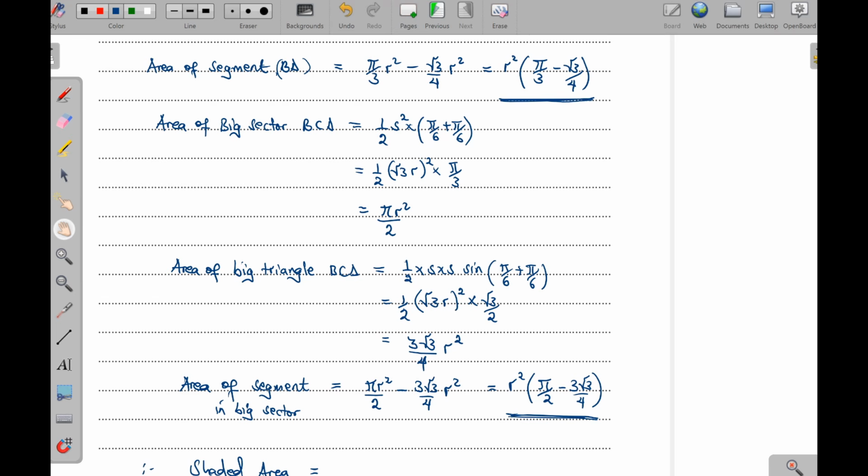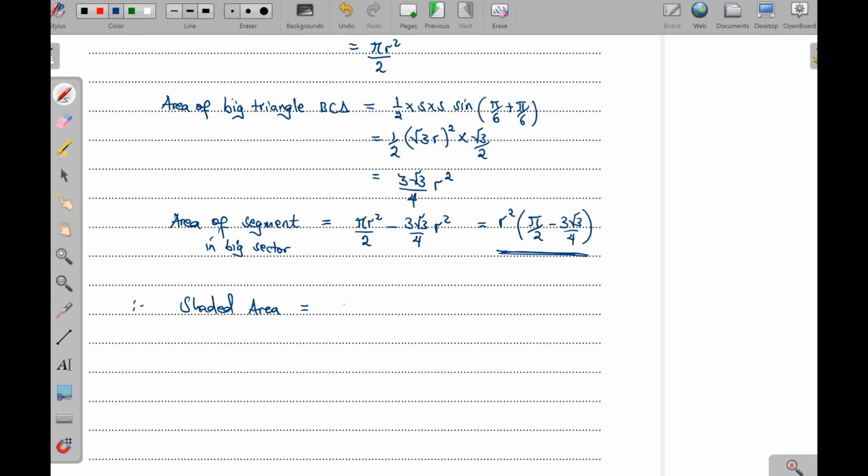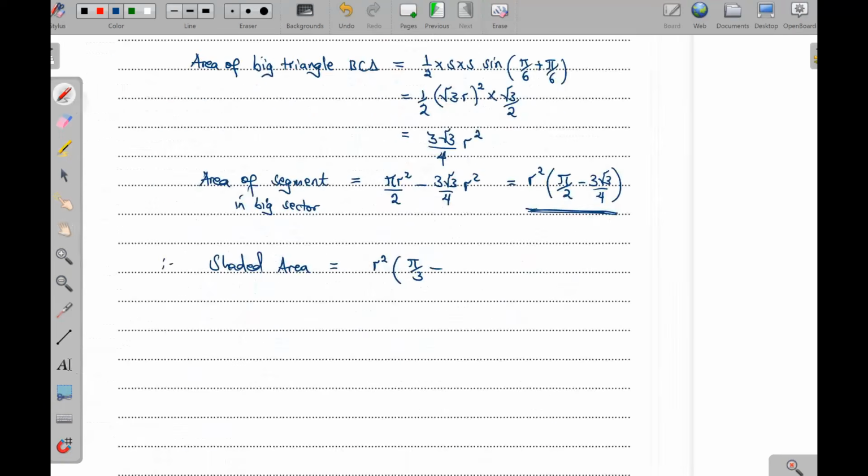So r squared into pi over 3 minus root 3 over 4, then subtract r squared into pi over 2 minus 3 root 3 over 4.